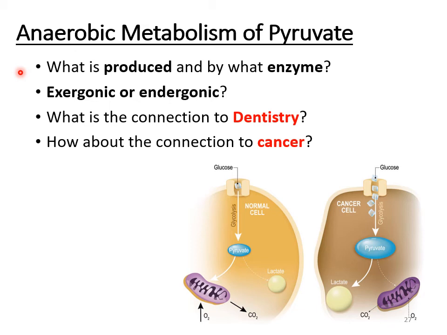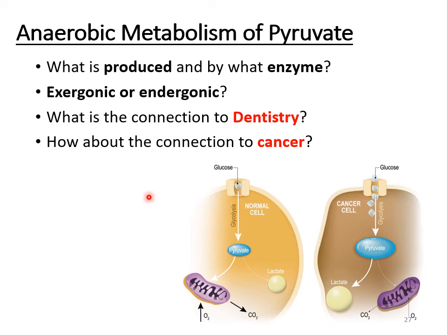Another clinical example that I want you to be aware of is how anaerobic metabolism relates to cancer. And what you're going to see is this figure here demonstrates what's called the Warburg effect.